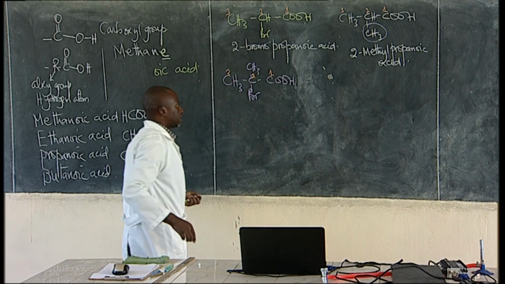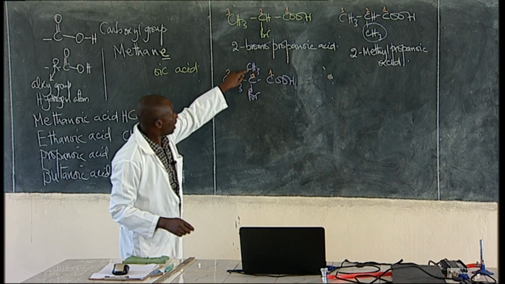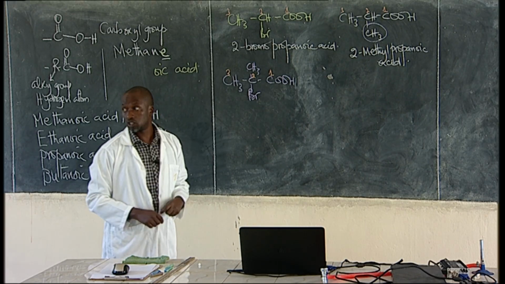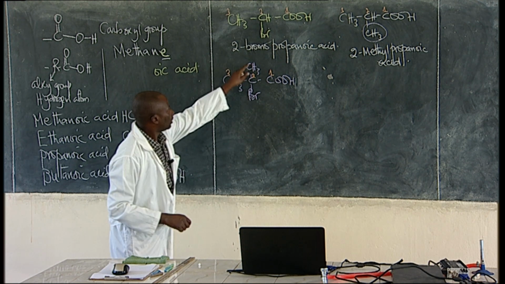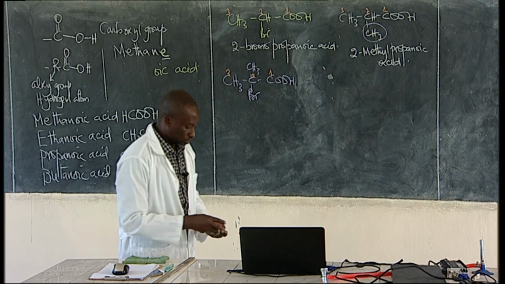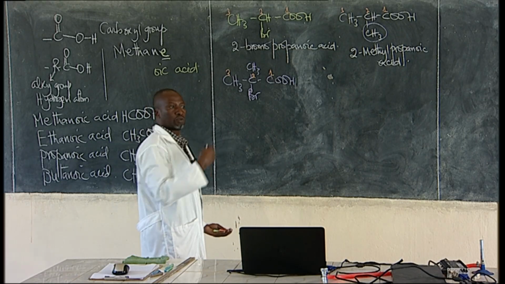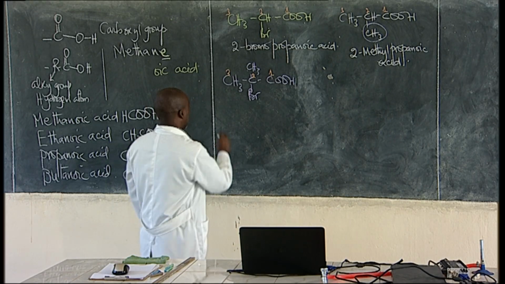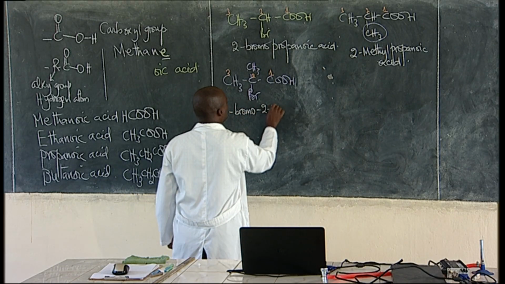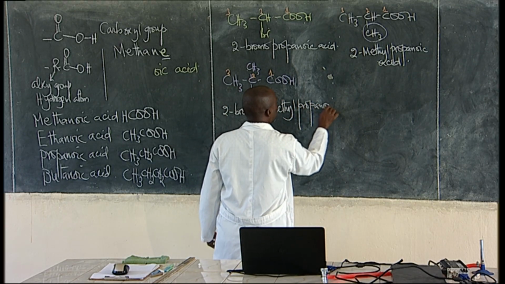You have a bromine attached on carbon number 2, and you have the methyl also attached on carbon number 2 of the longest chain of this propanoic acid. These 2 substituents have to be put in alphabetical order. So the B comes before M in the alphabetical order. So it will be 2-bromo-2-methylpropanoic acid.